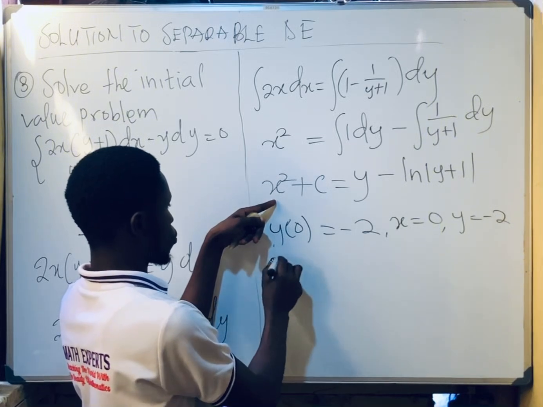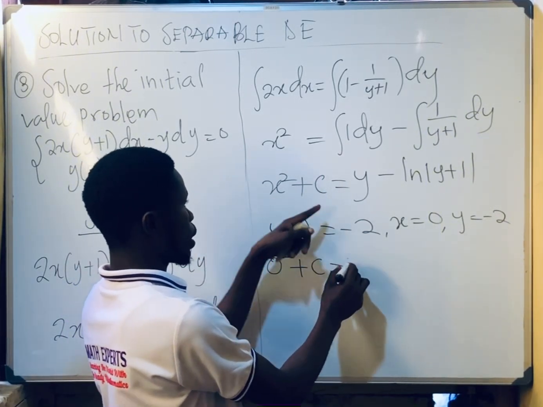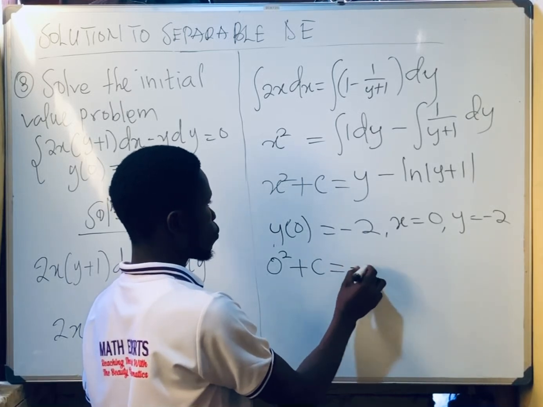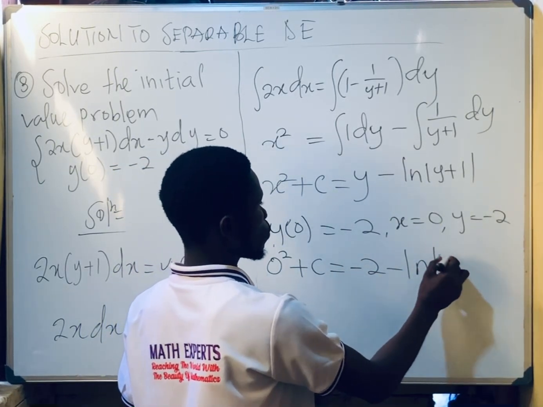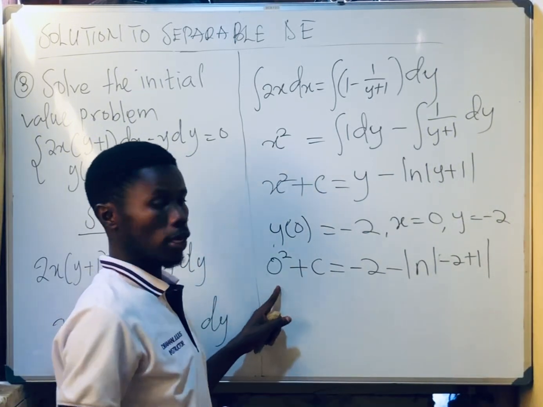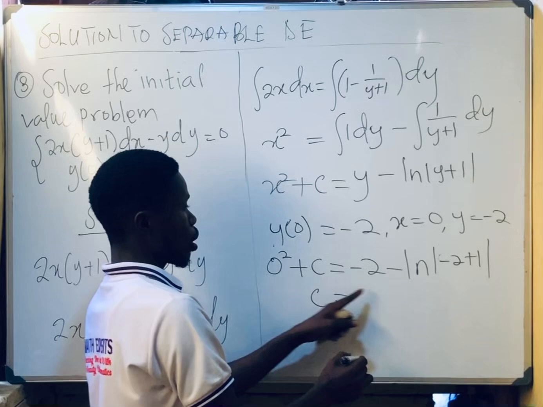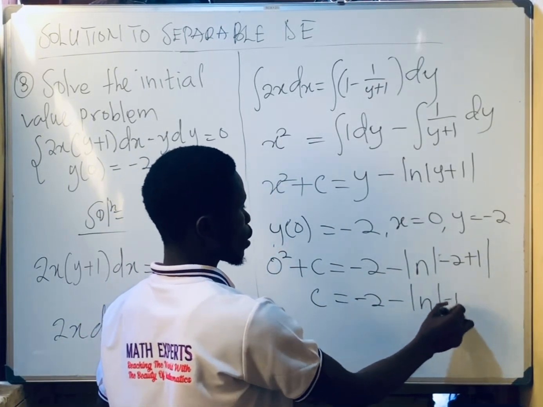So what we are going to do, wherever I see x, I put 0 there. So I'm going to have 0 squared plus c equals, y is -2, so -2 minus ln|y|, which is -2 plus 1. So 0 squared is 0, so we have c equals -2 minus ln|-1|.